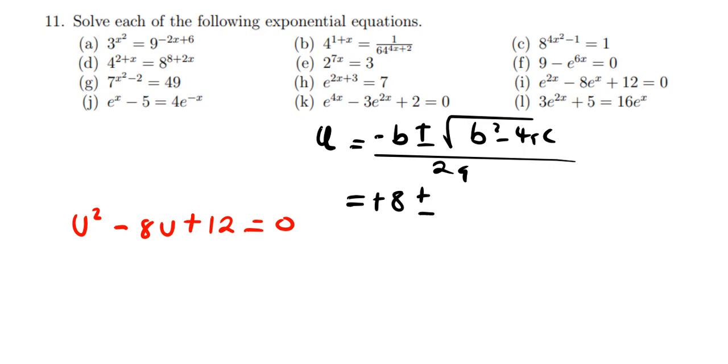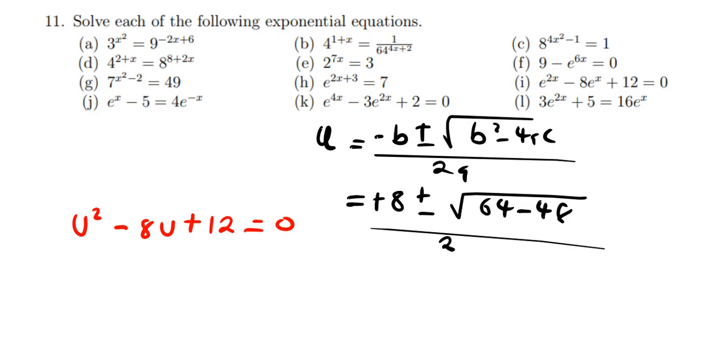Positive or minus the square root of b squared. Our b is still 8; negative 8 squared is 64. Minus 4 times a times c. Our a is 1. 1 multiplied by 12 is 12, and 12 multiplied by 4 is 48. So this is 48, over 2 multiplied by a, and our a is 1, so that is just 2.